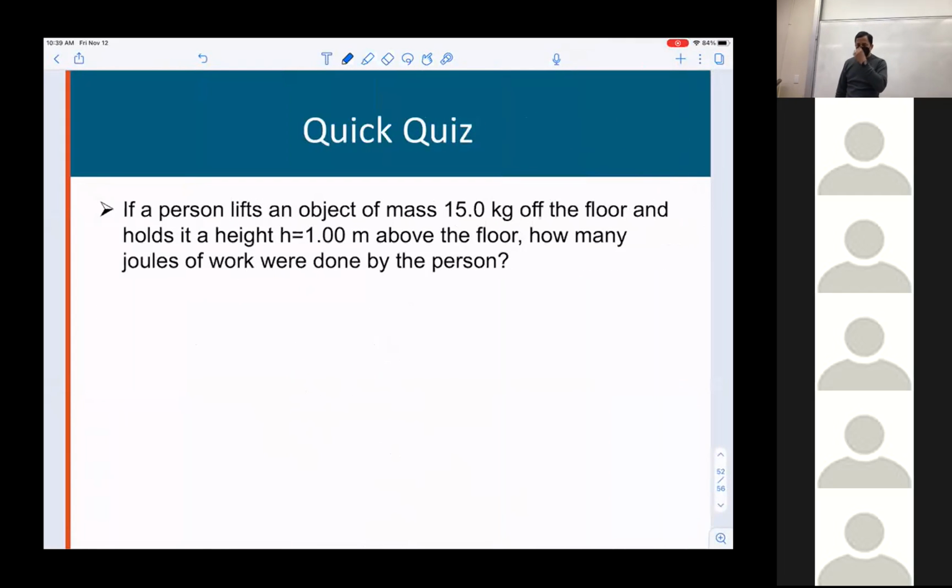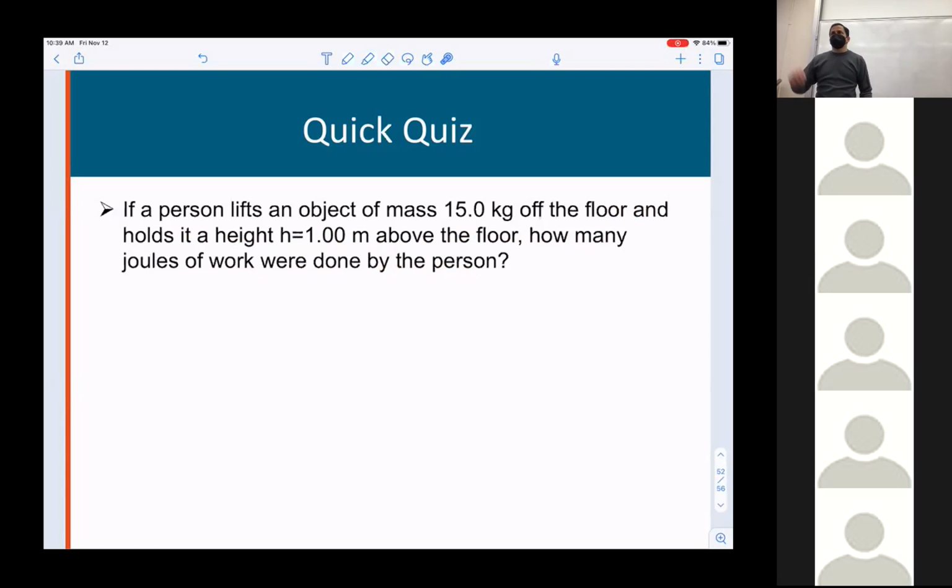So here we're told that a person lifts an object of mass 15 kilograms. So this could be like the pendulum that you're lifting off the floor. It's 15 kilograms off the floor and holds it at a height of 1 meter above the floor. How many joules of work were done by that person?